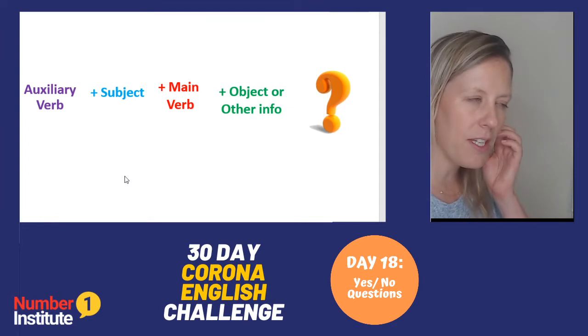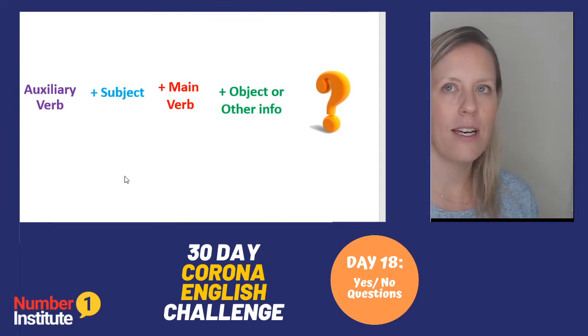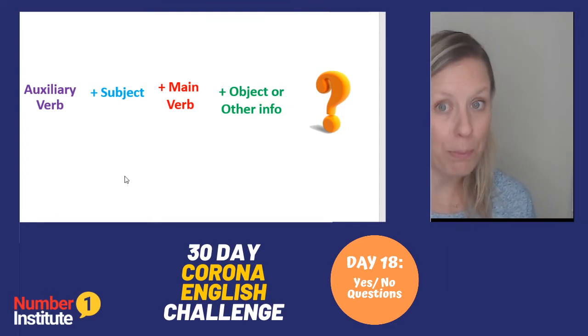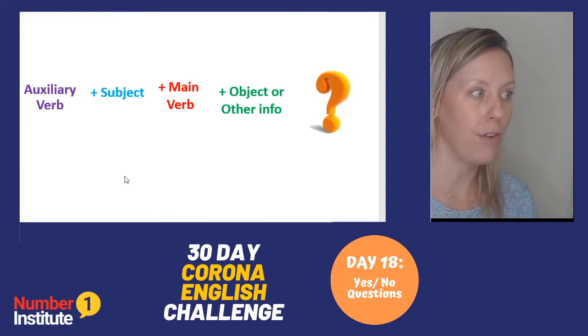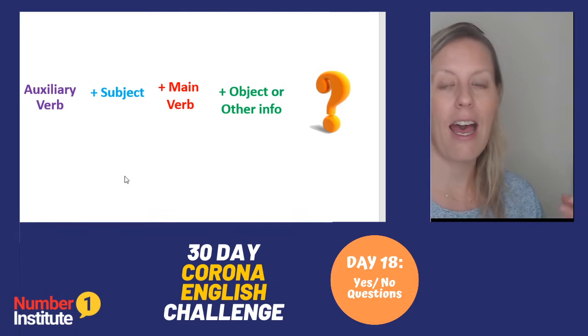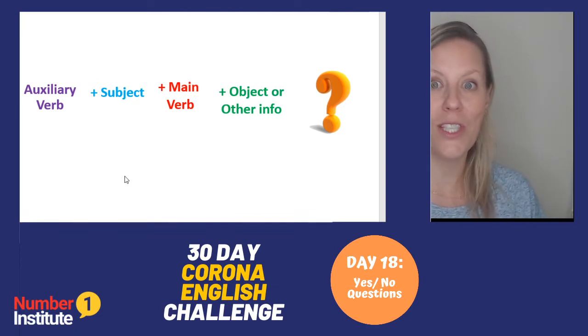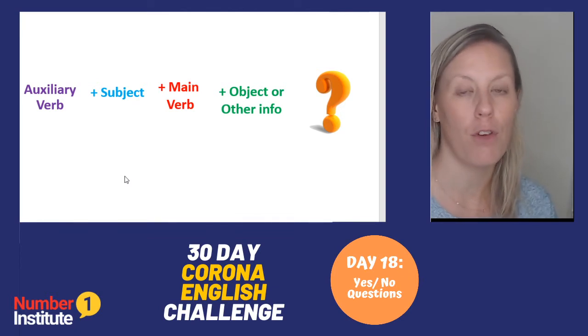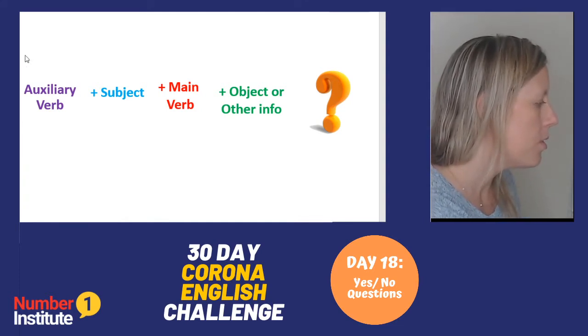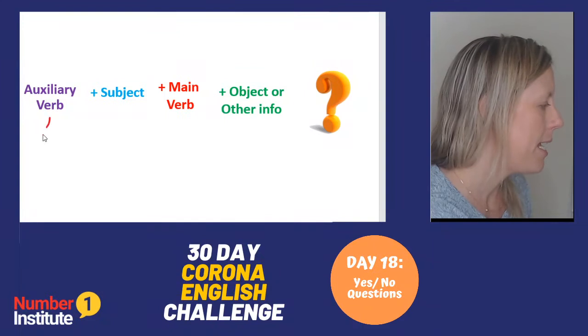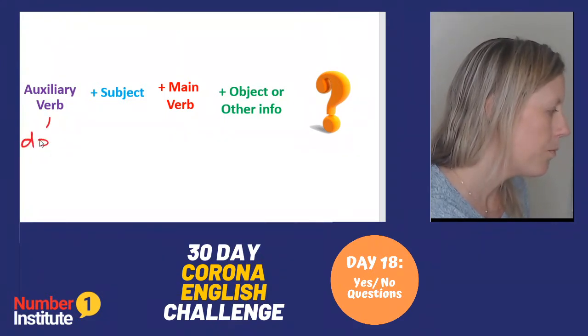The auxiliary verb, often we call that the helping verb, because it's when we already have the main verb in the sentence and we need this auxiliary, this extra helping verb, to help the main one. So the auxiliary verbs can be like do or does.